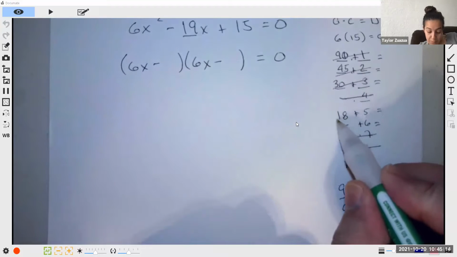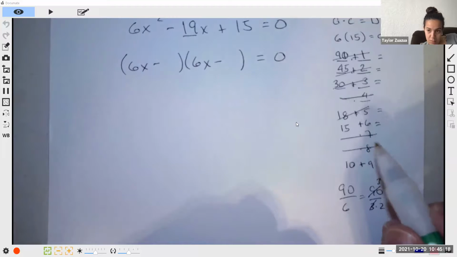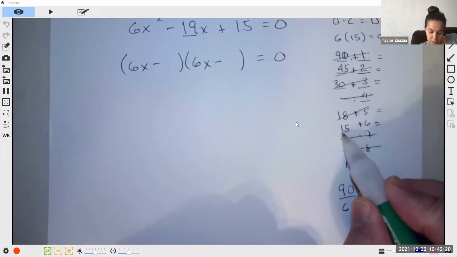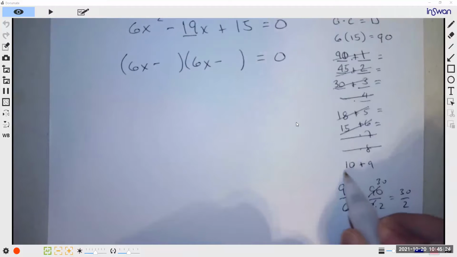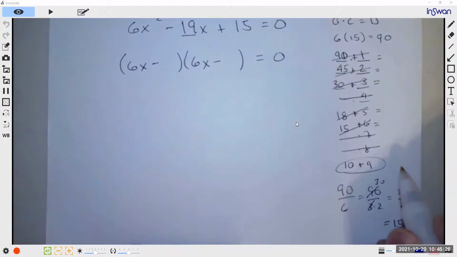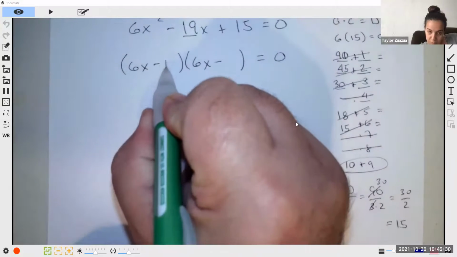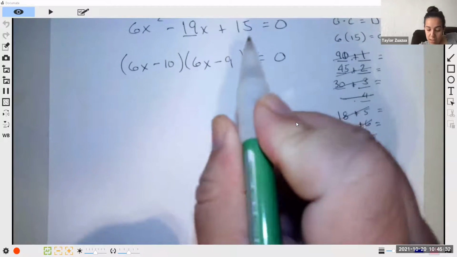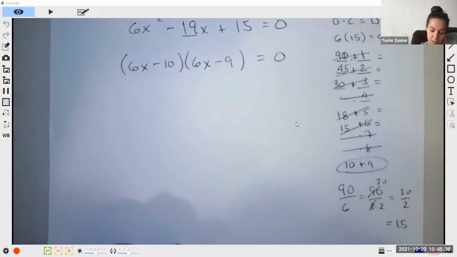It wouldn't be the number 5. And then what is it? 6. It wouldn't be that one. It would be the last one, 9 plus 10. Since they're both 9, the same, it doesn't matter.